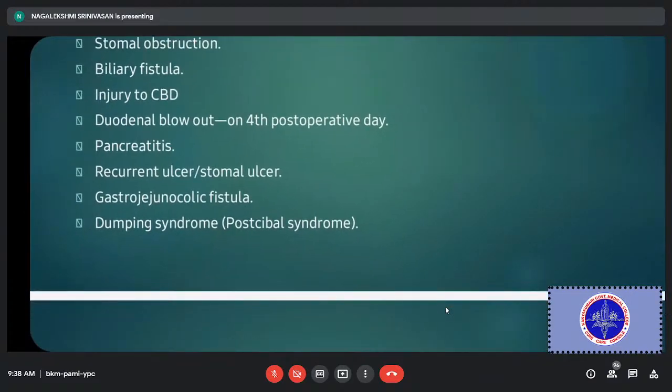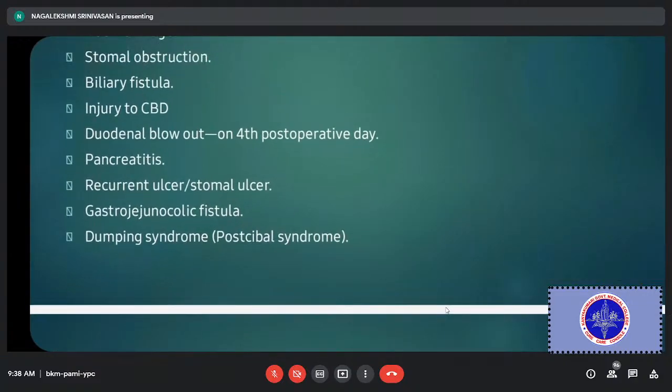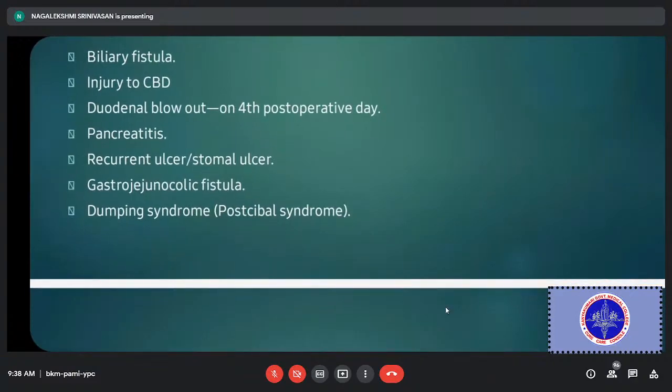You have to make sure you suture the duodenum properly in 2 layers. When incomplete suturing occurs, because of stasis, the collection inside the second and third part of the duodenum can cause duodenal blowout.